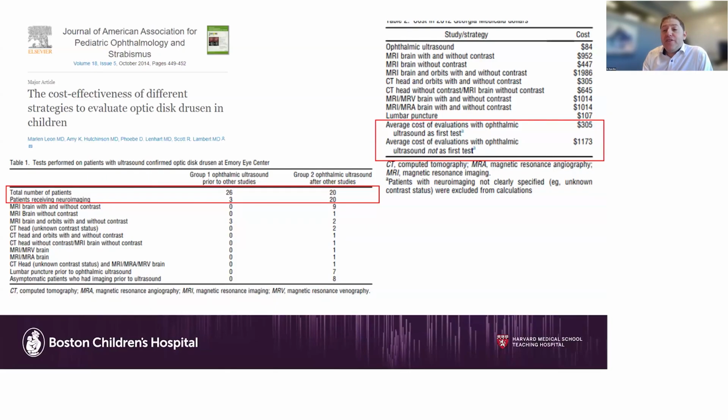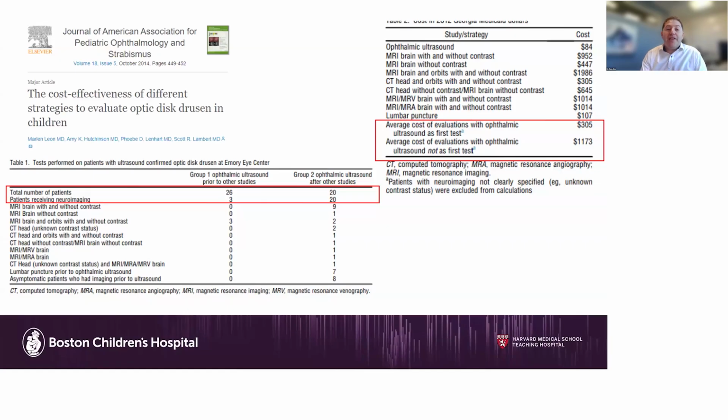And in terms of actual dollars, it was about 4 times more expensive for the patient if they didn't have an ultrasound prior to having an MRI. And these are all patients who didn't really have any symptoms or minimal symptoms. There was not a ton of concern overall for a clear brain tumor or other CNS process. But you see that it was much cheaper for patients to have the ultrasound first.